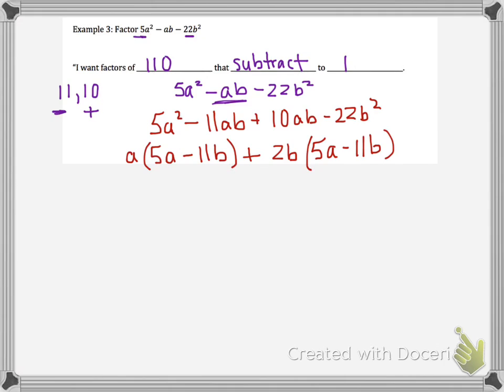And again, that's good. That's what we're looking for, trying to find that common piece so we can pull that out across. And so we have that 5A minus 11B times the quantity of A plus 2B. And you can always FOIL to check.